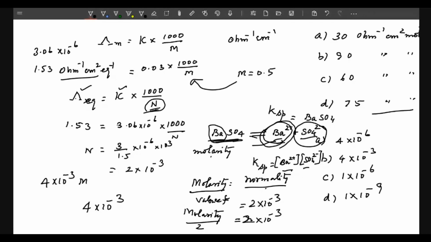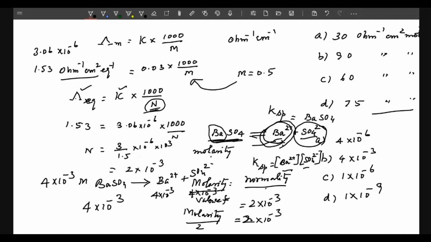Okay, the barium sulfate solution is this one. It's a sparingly soluble substance, therefore completely ionized to give barium ion and sulfate ion. Therefore, what would be the concentration of this? 4 into 10 power minus 3 into 4 into 10 power minus 3.